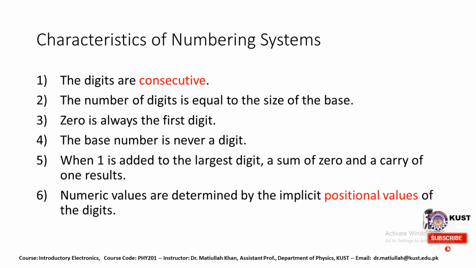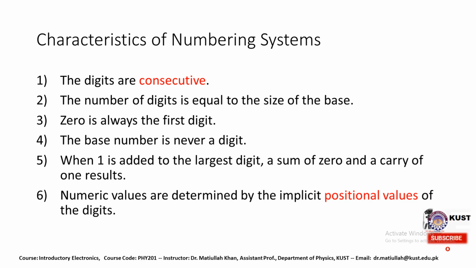So what are the major characteristics of numbering systems and why is it so important to us? If we look at the different number systems, in some the digits are consecutive. So the number of digits is equal to the size of that particular base.